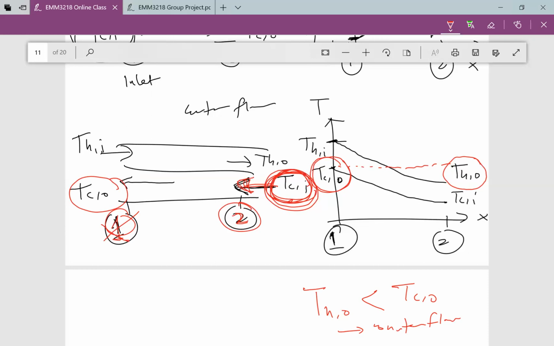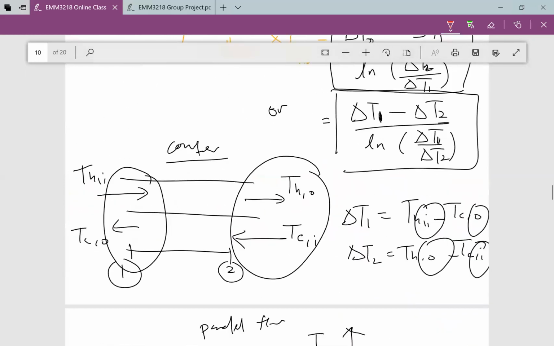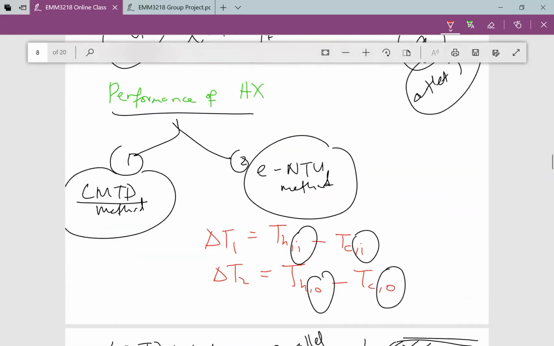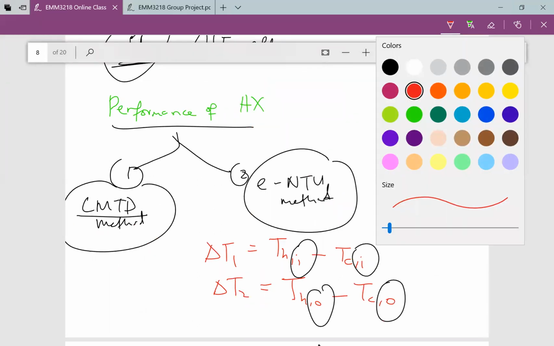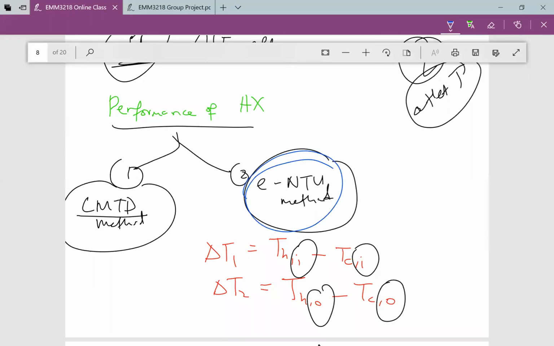If yes, you need an additional session to replace what we missed last time, then I will cover the solution for this other example during that class. And then Monday next week, we have the presentation, and then we have Wednesday for another class. I want to talk about the other method, which is the effectiveness NTU method. And then you are basically done with this chapter and the course.